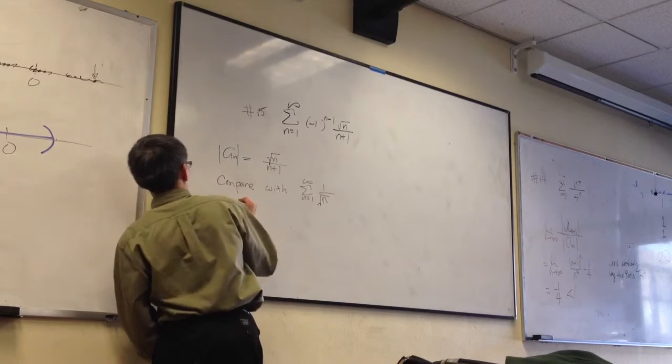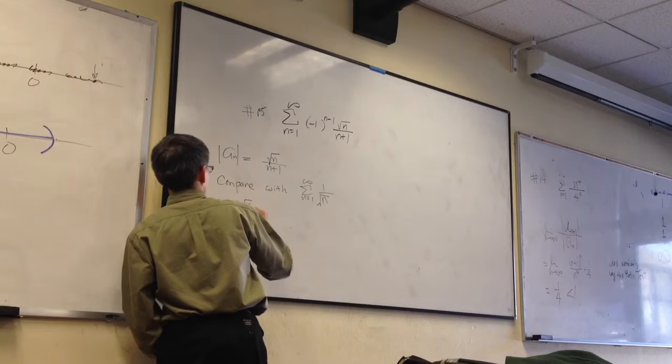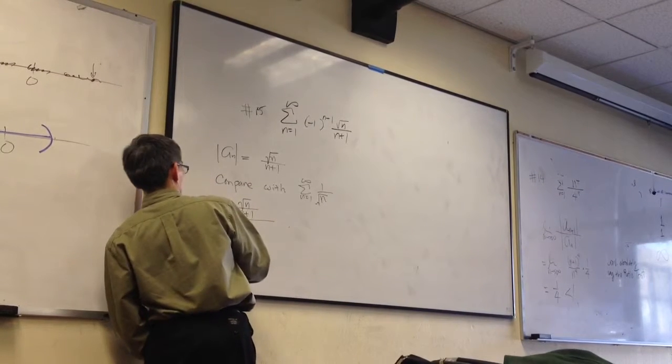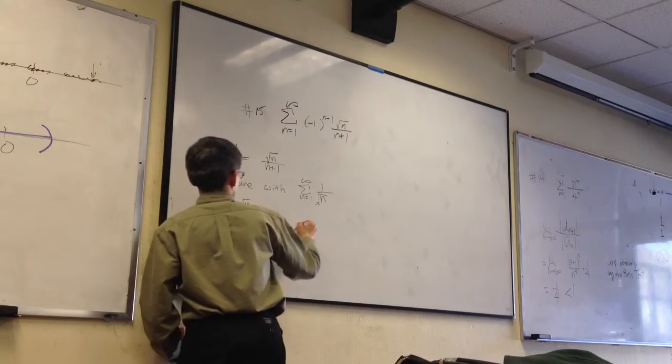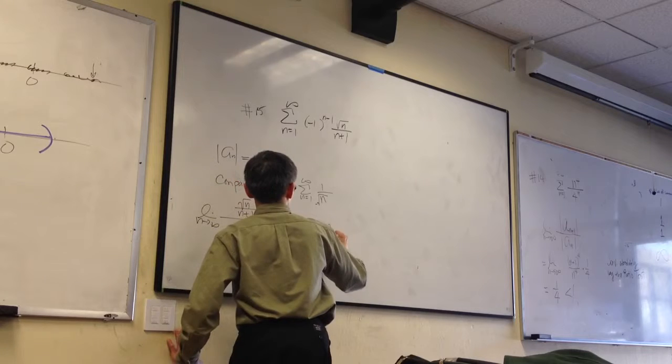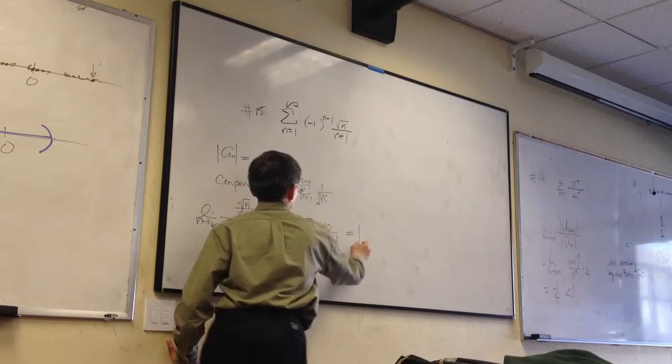Okay? Then the ratio of square root n over n plus 1 to 1 over square root n: the limit as n goes to infinity is equal to the limit of n over n plus 1, as it turns out, which is 1.